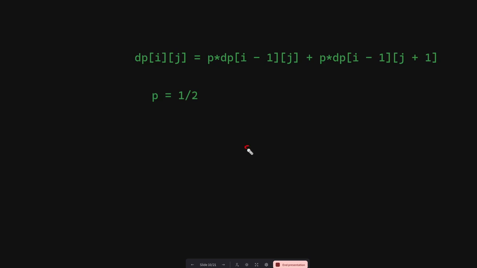If you have a point in space i comma j, you can see that it only relies on the cell i minus 1 comma j, which is right on top, and i minus 1 comma j plus 1, which would be the element on the anti-diagonal, this one and this one. So for each cell you need to verify whether it is a combination of this cell and this cell.